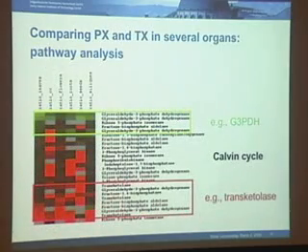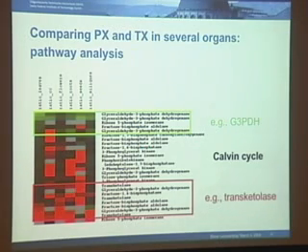Here's one example out of the Calvin cycle, and I find that quite interesting, because it suggests that there are really specific types of enzymes that fall into these groups of proteins where the strict transcriptional regulation breaks down.